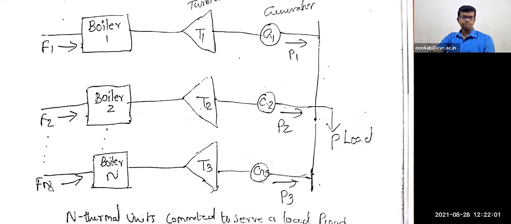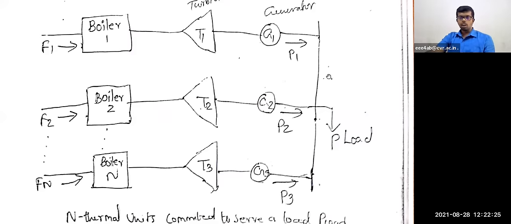Again Fn for the nth generator: the fuel supplied to the nth boiler is Fn, turbine T3, generator G3. The power generated from the third generator is P3, connected with the common bus to serve the P load.